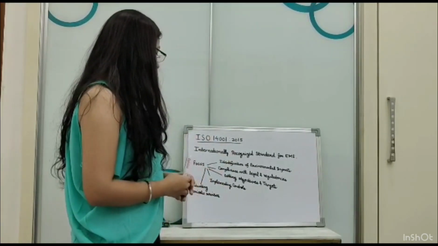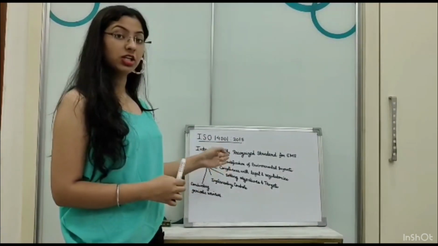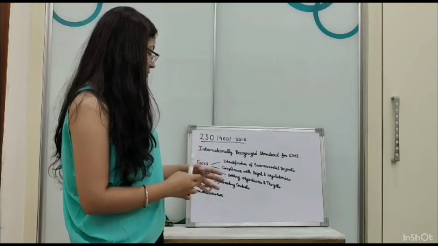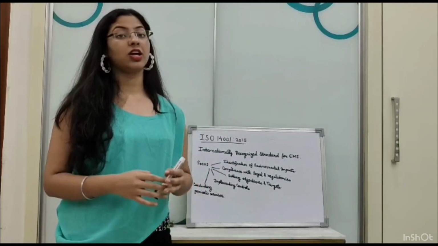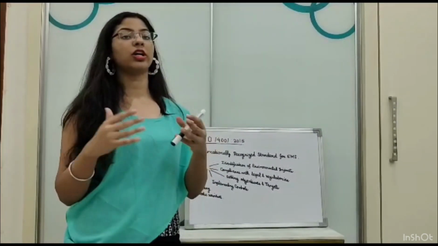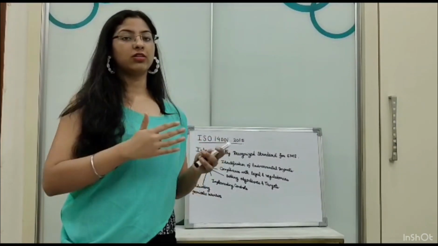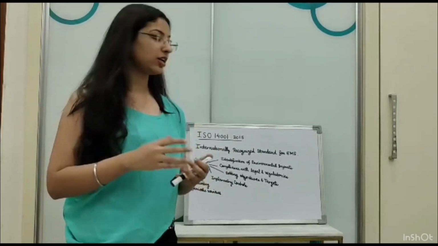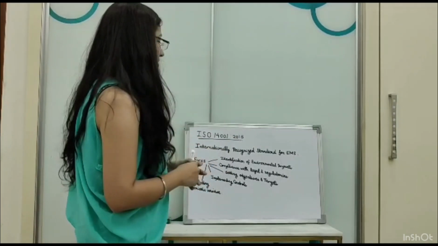So next focus is on implementing the operational controls. Last one is conducting periodic reviews so that we can understand if the standards are regularly followed or not, or if there is anything that can be changed or anything that can be corrected. So that's why these standards are used.